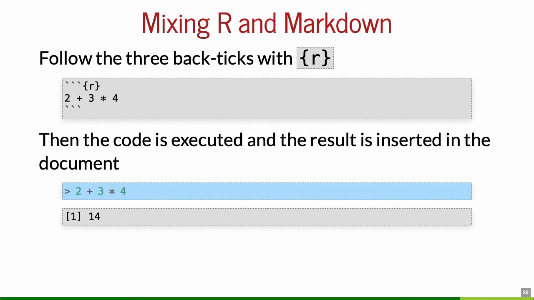Now, if these 3 backticks are followed by a curly brace, like this expression, then the content of this code is executed and the result is inserted in the document. We get this figure. The input is shown with one style and the output is shown immediately after.